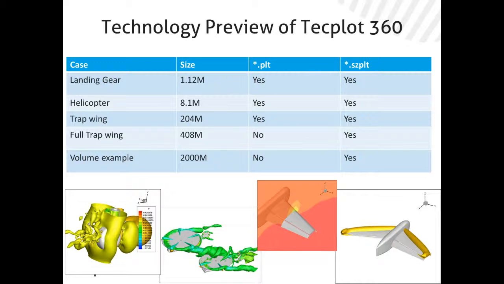We have one machine in the office that can load the 2 billion cell example in Tecplot 360 2013 R1, and that is a 96 gigabyte machine, and it just barely loads it. It's pushing the limit, and if you go beyond that, I showed you already a 10 billion cell result in the scaling.